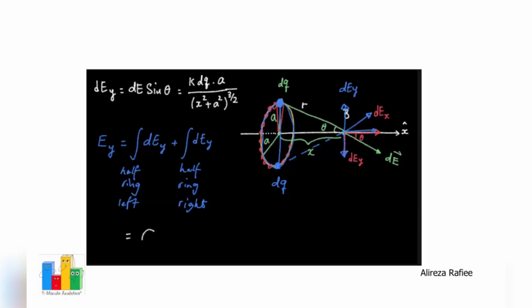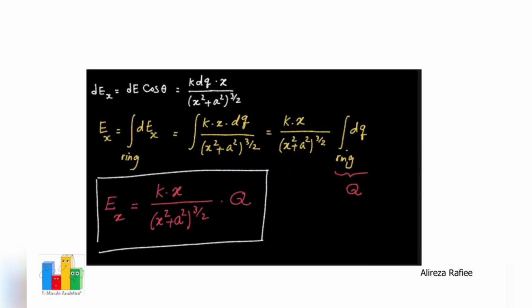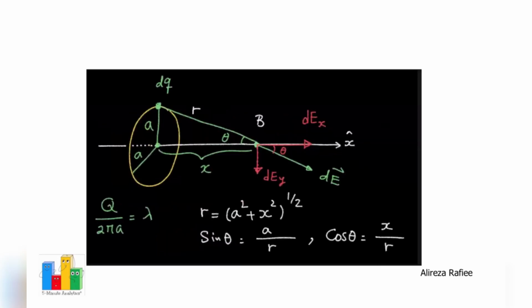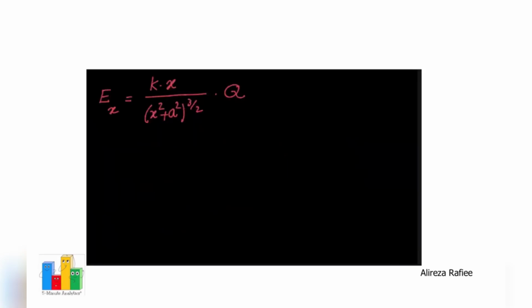And so at the end, the total amount of E sub y would be equal to 0. And so this problem has only one component, the x component, and the value of the x component of the electric field would be parallel to the axis, axis x, and the value of that would be kx divided by (x² + a²) to the power of 3/2 multiplied by q.